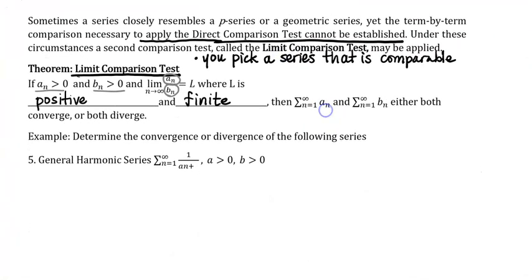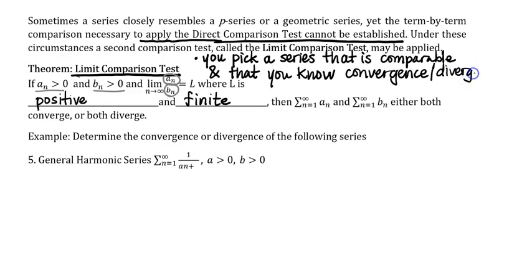So you want to pick a series that is comparable, and you also want to make sure that you know whether that series converges or diverges, because the conclusion of this test is that they do the same thing. So you need to know what the series that you chose does.